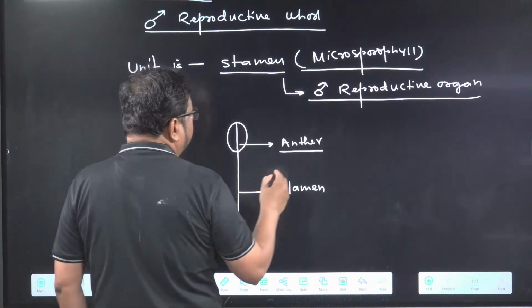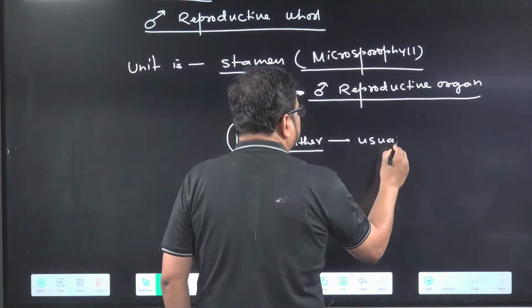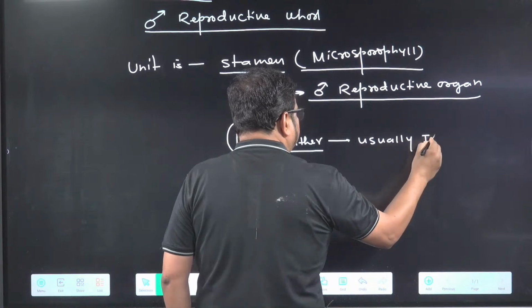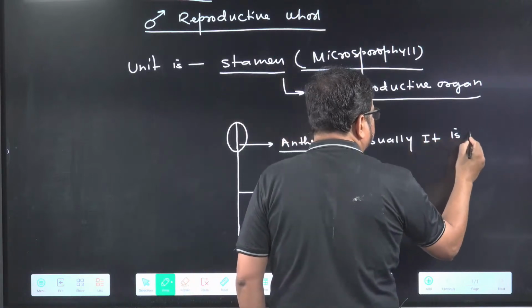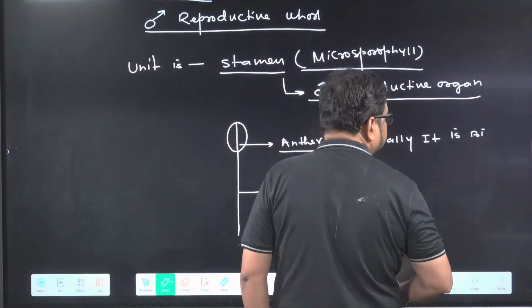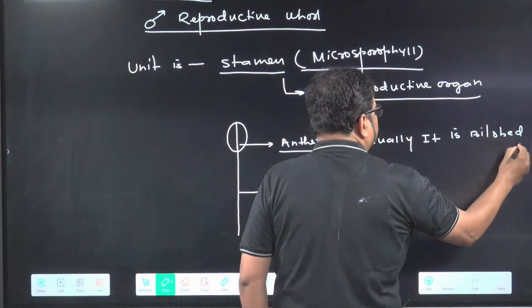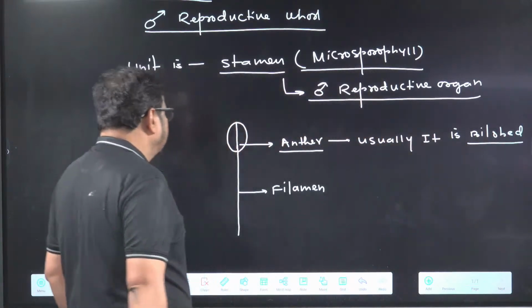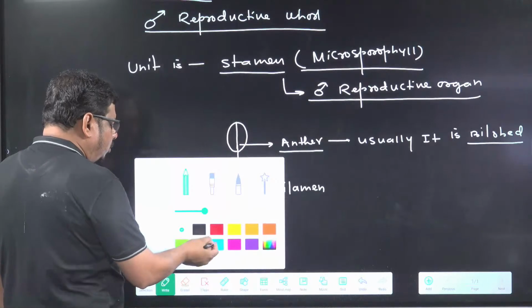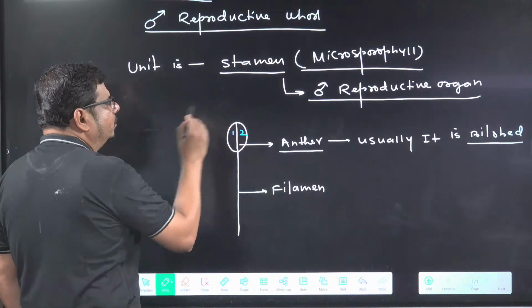Now if we talk about anther, usually it is bilobed. How bilobed? So in most of the flowering plants, anther is basically bilobed. One lobe, two lobe.